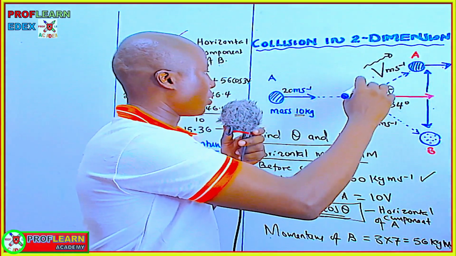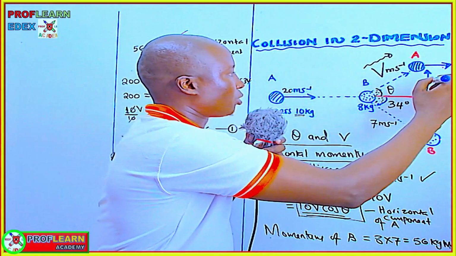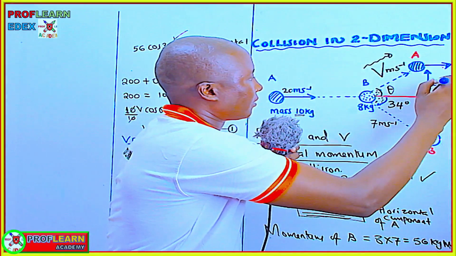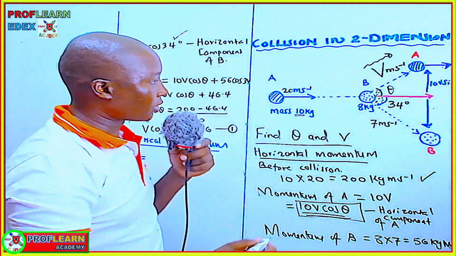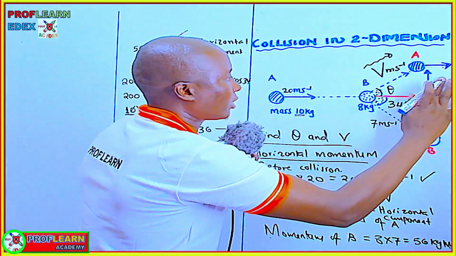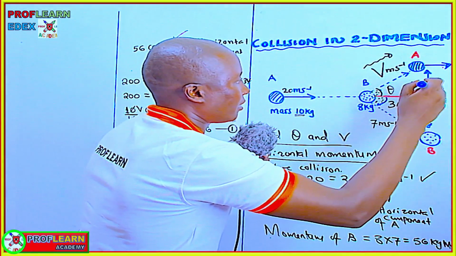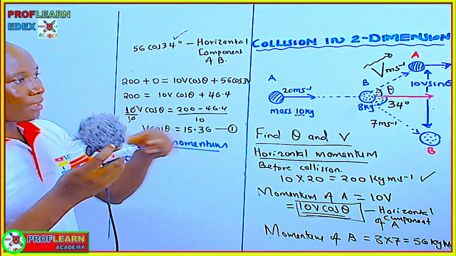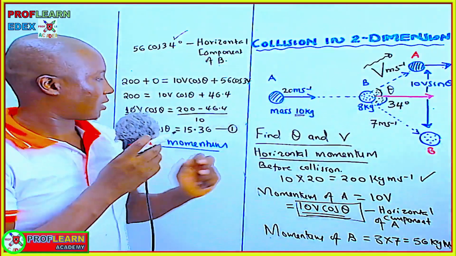It is equivalent to 10v, but actually it is going to be 10v sine theta, because it's moving in the y direction. Let me just write it here properly. This is going to be 10v sine theta. To be moving up, the momentum in the y direction will be 10v sine theta.